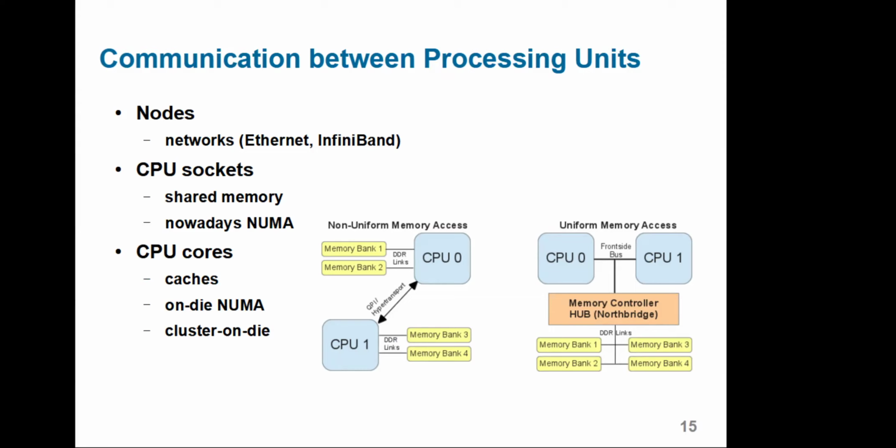nowadays, this is again an old thing. Nowadays, all of them use so-called non-uniform memory access. That means that each CPU is physically connected to some part of your memory. And if CPU1 needs some piece of memory which is physically connected to CPU2, the transfer needs to go through the other CPU.